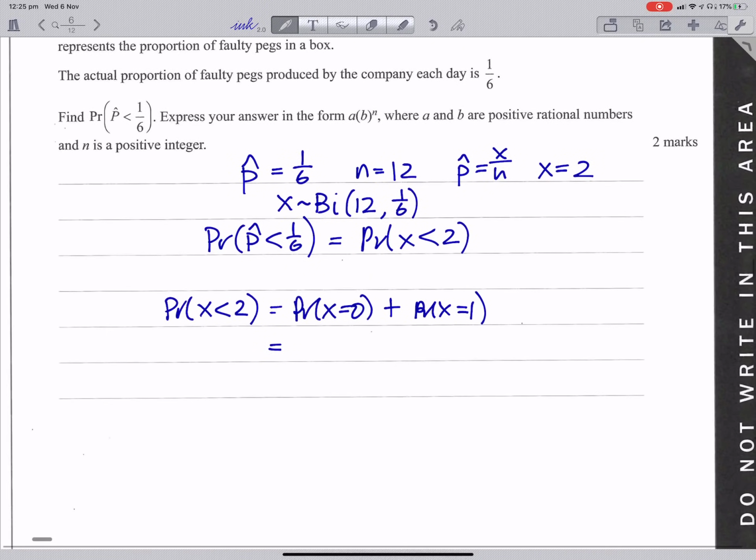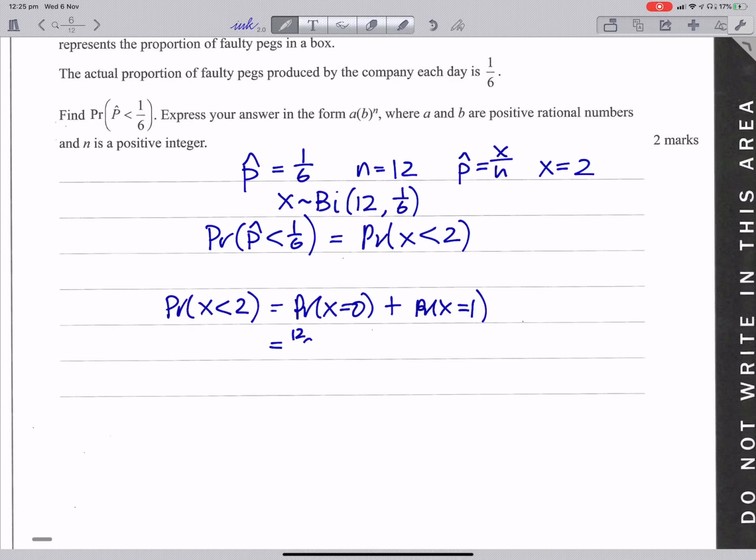So 12 choose 0, 1/6 to the 0, 5/6 to the 12, plus 12 choose 1, 1/6 to the 1, 5/6 to the 11.